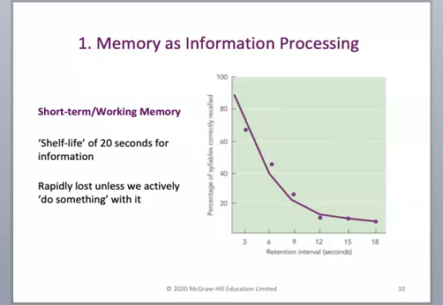They were just given these 3-letter syllables and then asked 9 seconds later, 12 seconds later, 15 seconds later to repeat them back. And at the end of 18 seconds, there was almost no retrieval, illustrating the rapid forgetting of information in short-term memory if you do not do something to help your brain encode it.